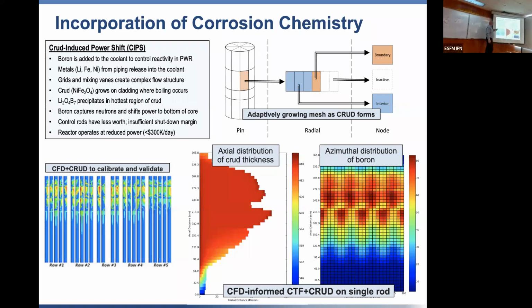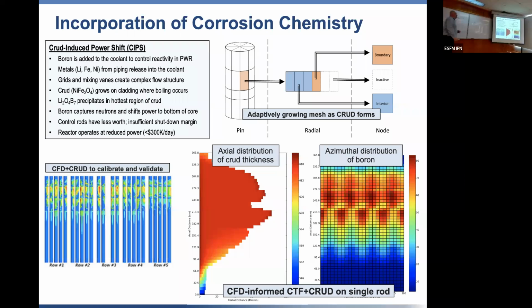Then we take the CFD and our subchannel, and ask how we would map, on a finer mesh, what that temperature should look like on the surface of that rod.